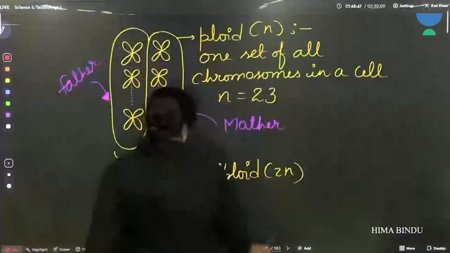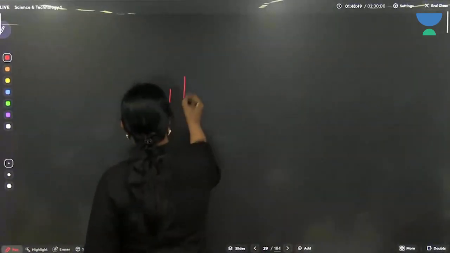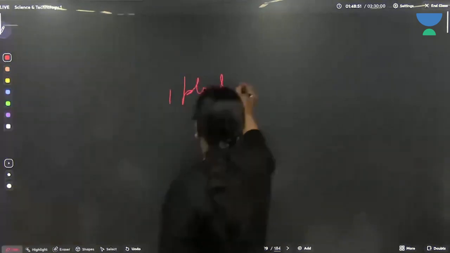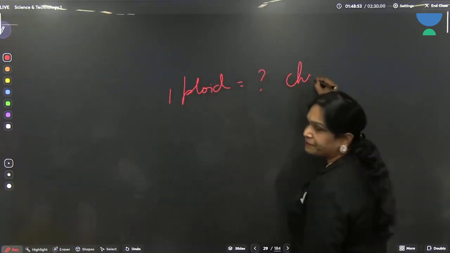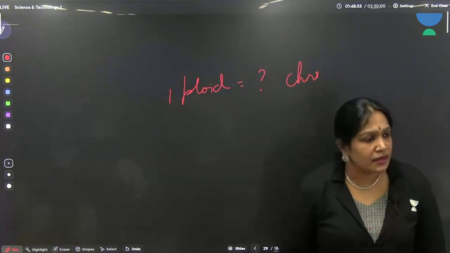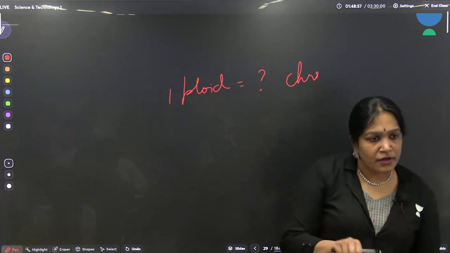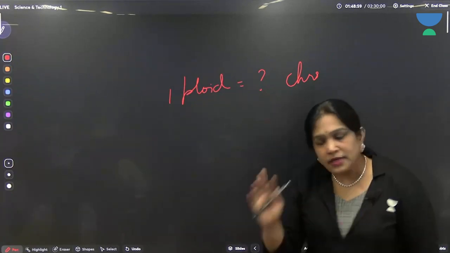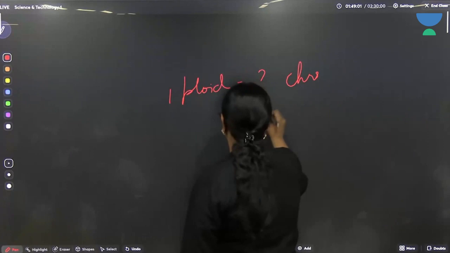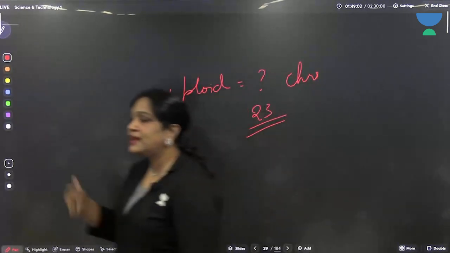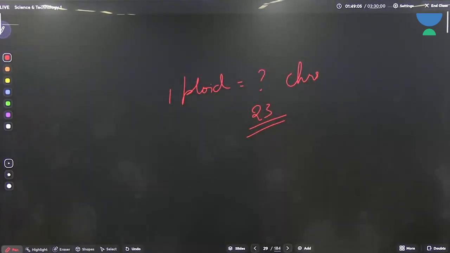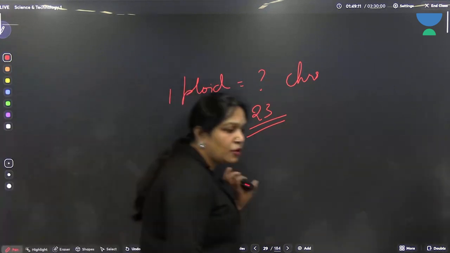So, one ploid is equal to how many chromosomes? Everybody? 23 or 23 pairs? 23, that's it. Very good. Because 23 pairs, 46, is two sets. One set from the mother, one set from the father. Okay, one ploid has 23 chromosomes.